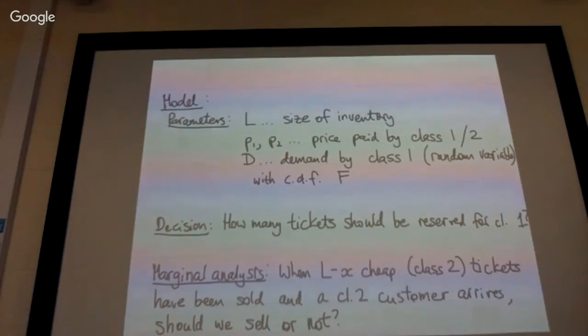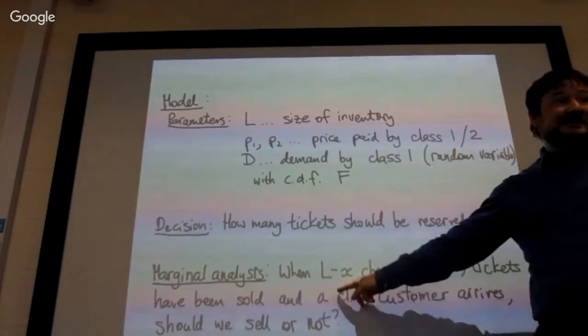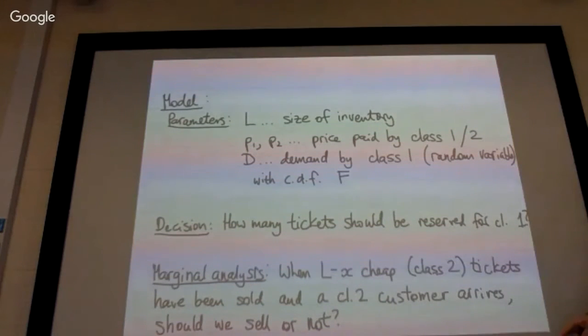And in this situation, the question is, should we sell or not? And that will determine the number of tickets that are reserved, because if we should sell, then the number that is reserved should be less than this X, obviously, and if we shouldn't sell in this situation, then it's at least this X.